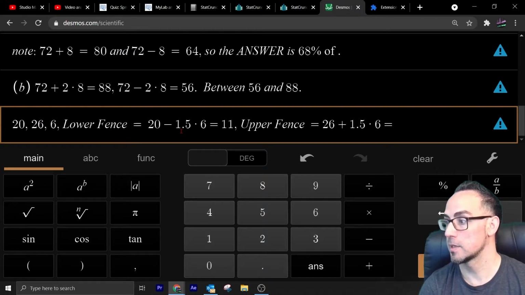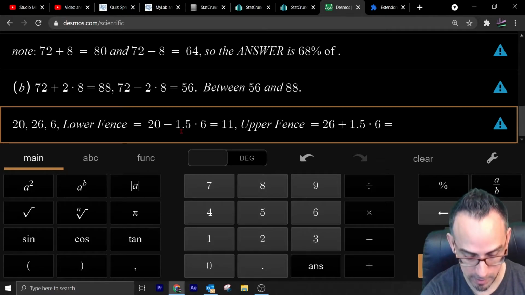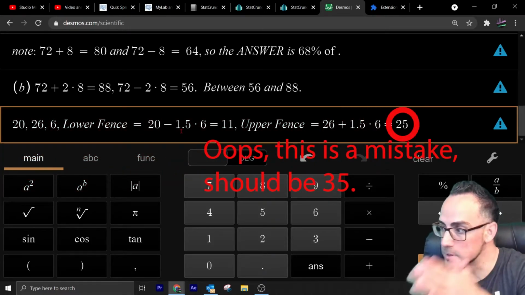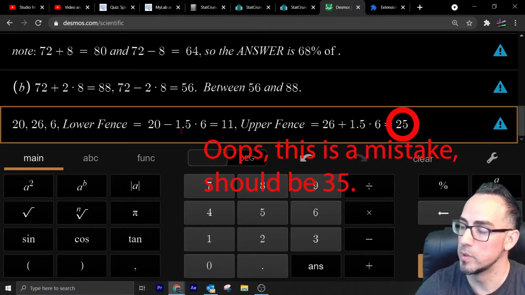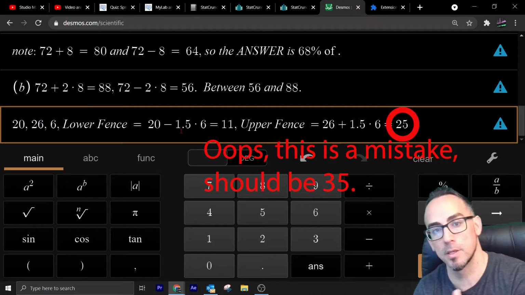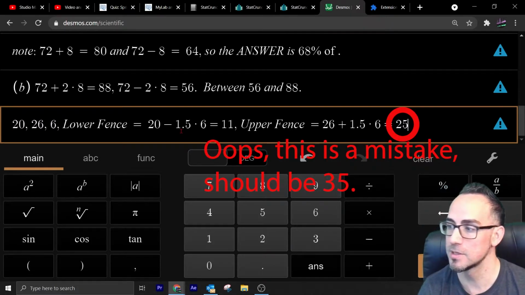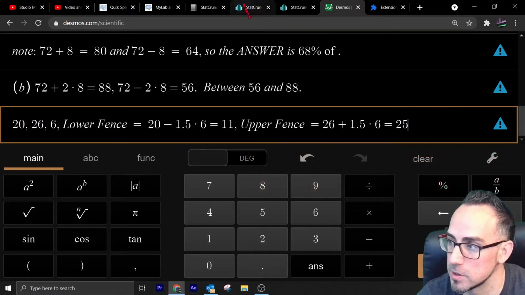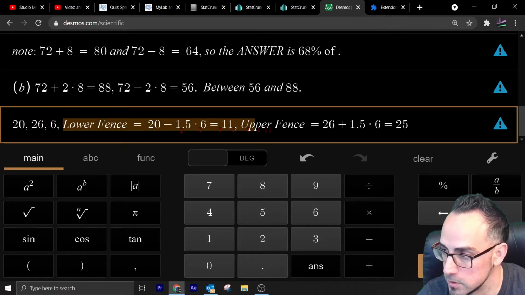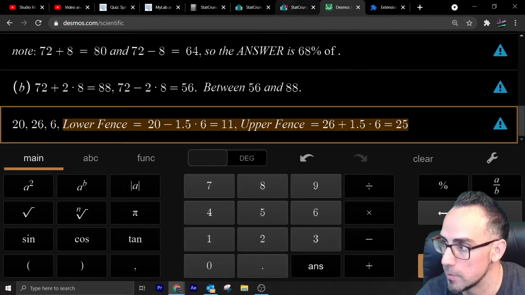What's that? 9, that's 35. Okay, so our lower fence is 11, our upper fence is 35. We need to see if there's anything smaller than 11 or bigger than 35. If there is, those are called outliers. So this is the work. You gotta copy this work. I wouldn't copy this necessarily, but at least do this, showing how you got the lower and upper fence.